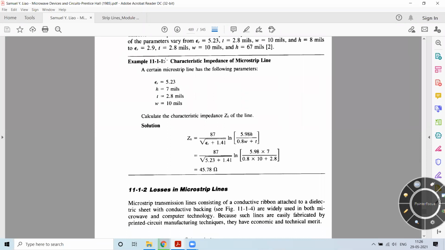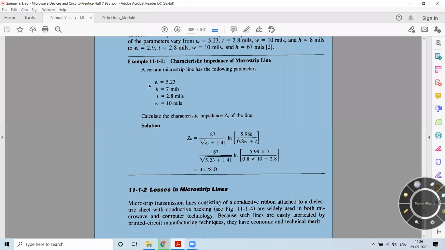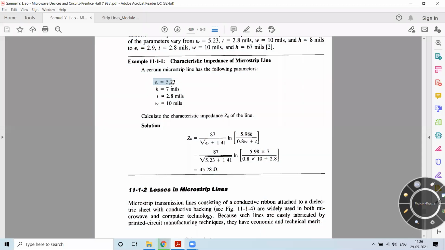We can observe one problem here. You need to obtain the characteristic impedance of the microstrip line for the specified parameters. They have specified that relative permittivity is 5.23. The height of the substrate is 7 millimeters. Thickness is 2.8 millimeters and W is 10 millimeters.